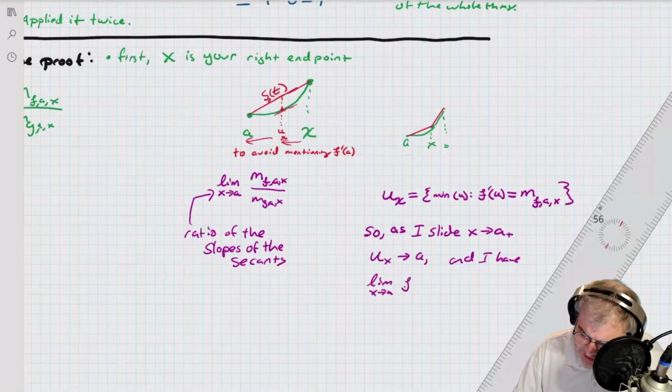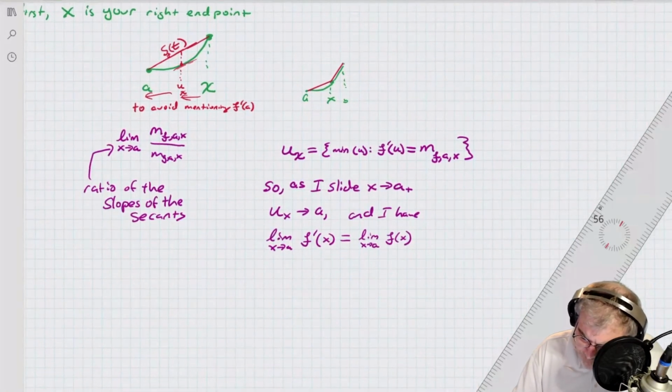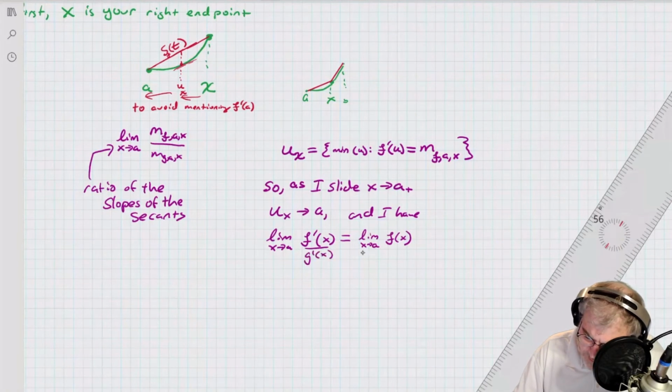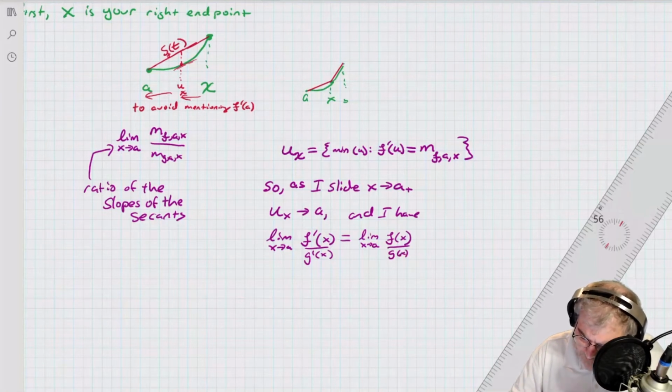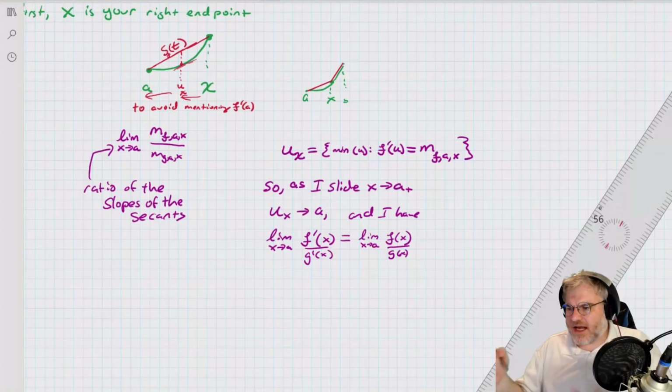So I've got the limit here as x goes to a of f prime of x, equaling the limit as x goes to a of f of x, through the min. And I should say that this is both g of x, based on this idea that what I did was made a polygon and then slide.